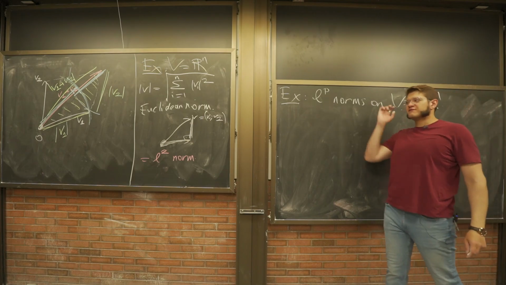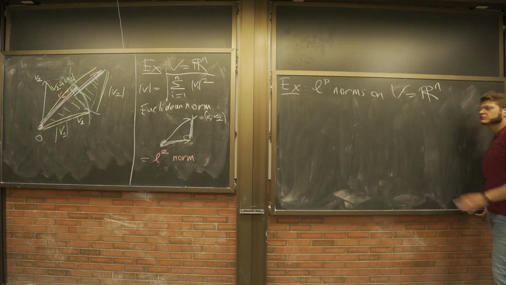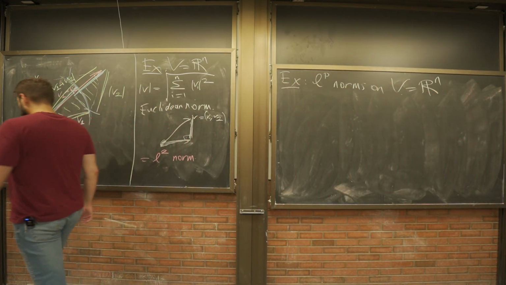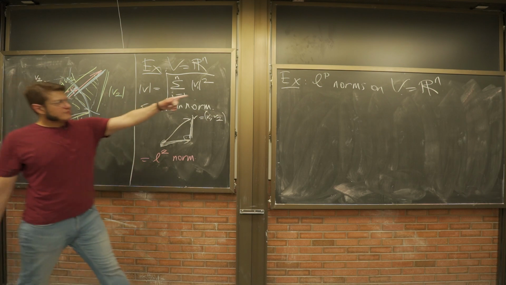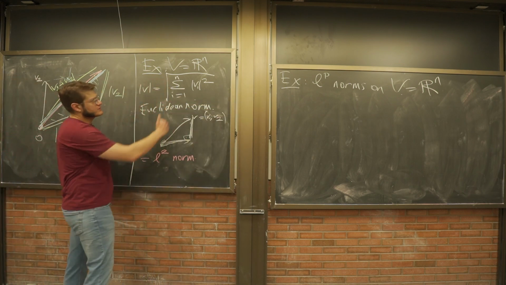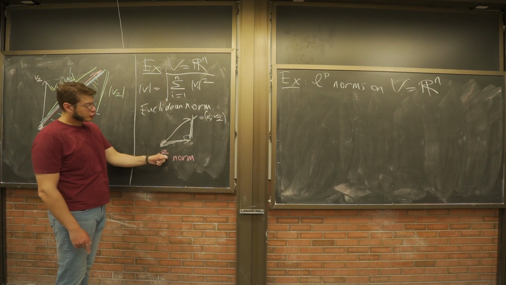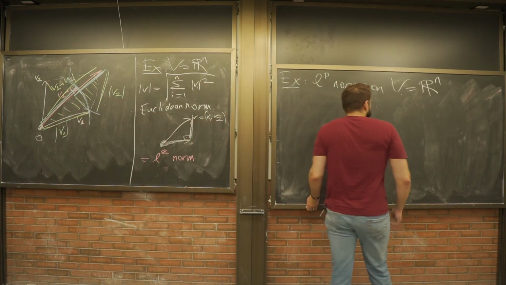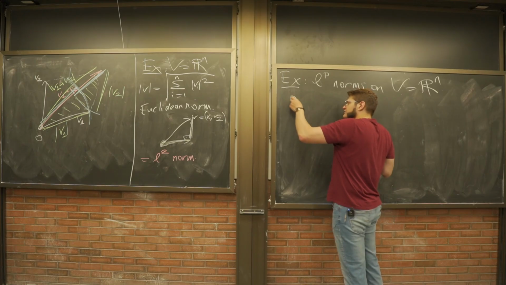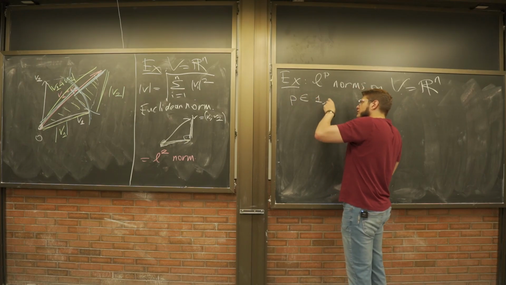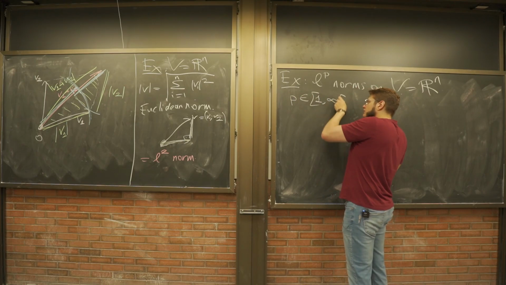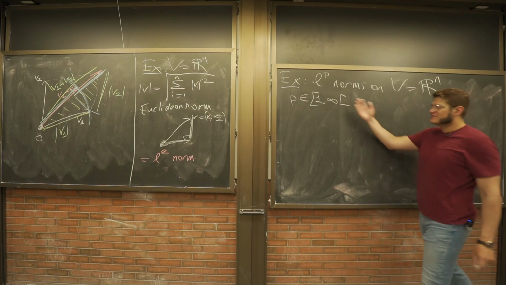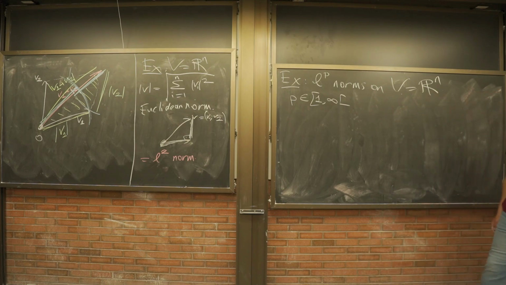There are versions of this in certain infinite dimensional spaces also, but this is what we're interested in mostly, so let's just focus on this. The way you define these is by looking at this expression and replacing all instances of 2 by some arbitrary number p. So let's say that p is a number between 1 and infinity, 1 included, at least for now, infinity not included.